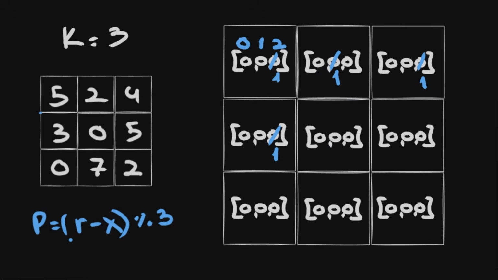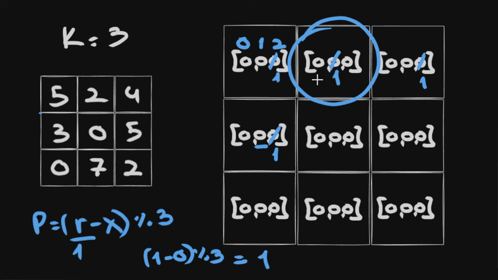Now we try the next R, which is 1, and if we do 1 minus 0 modulo 3, this is 1. So we go to this cell and this array at index 1, and this cell, this array at index 1. So we need to store in this cell and this array at index 1 this number, 1.